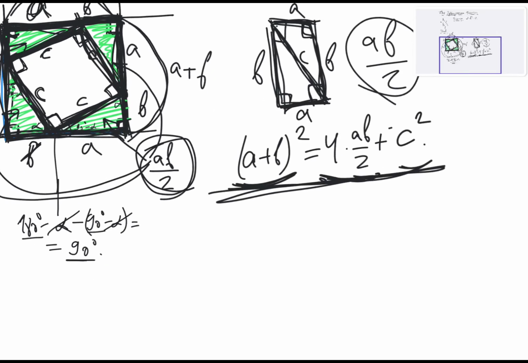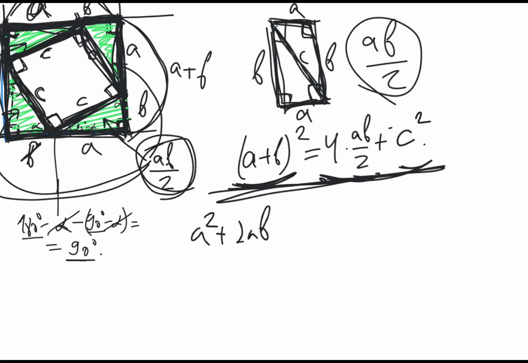Okay, so now we simplify this. On the left hand side we have A squared plus 2AB plus B squared. On the right hand side we have 2AB plus C squared, right?